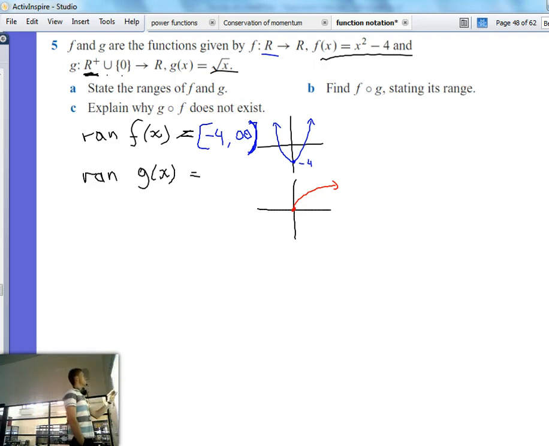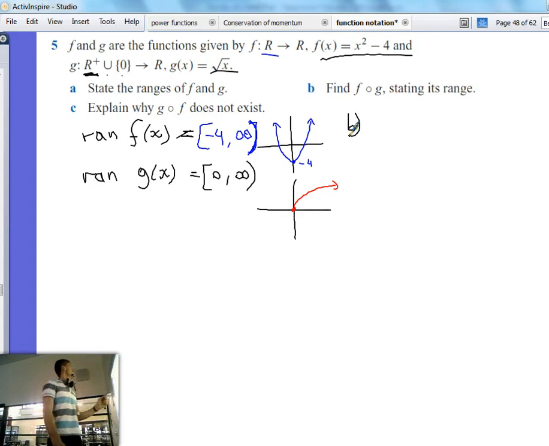So our range, as you can see, the minimum g value is 0 and the maximum is infinity. 0 to positive infinity.